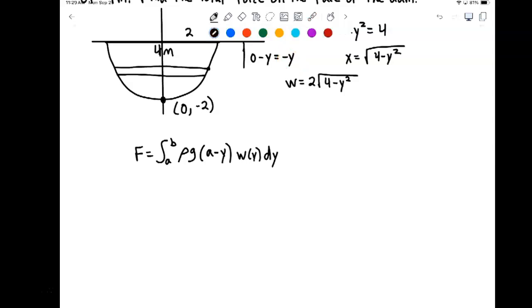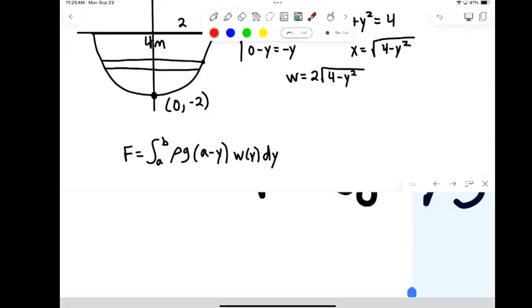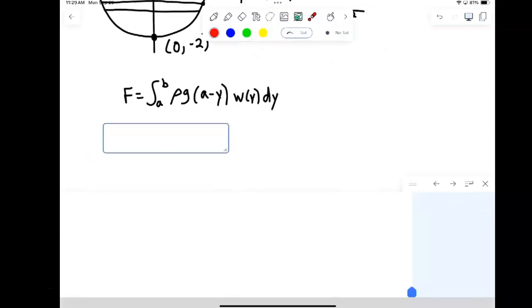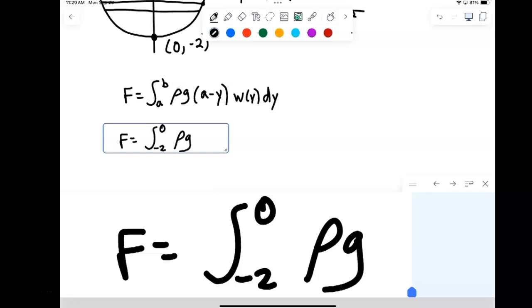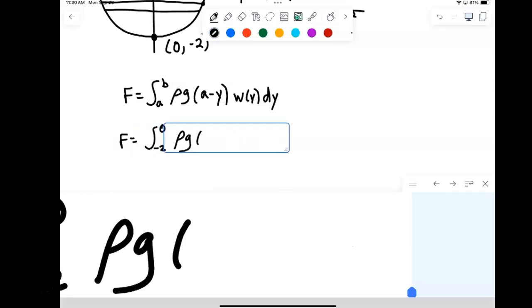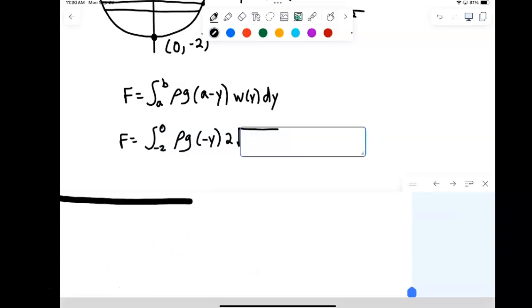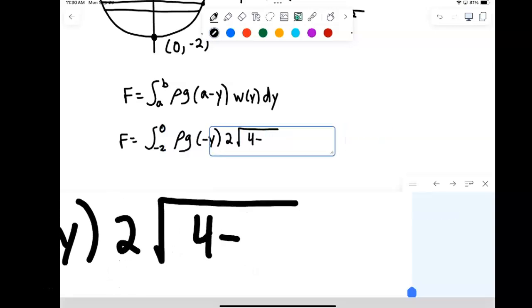That's the current depth. And our integral is going to range from -2 up to 0 along the y-axis. So putting all that together, we'll have force equals the integral from -2 to 0 of rho g, those are both constants, times minus y, times 2 times the square root of 4 minus y squared, dy.